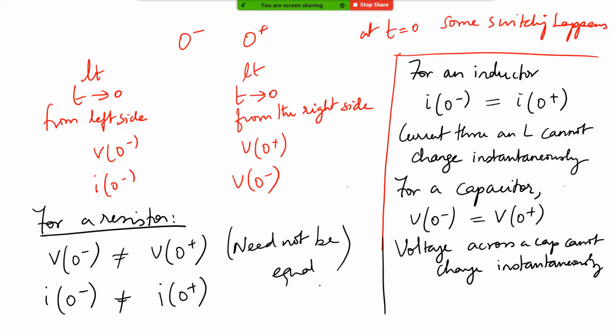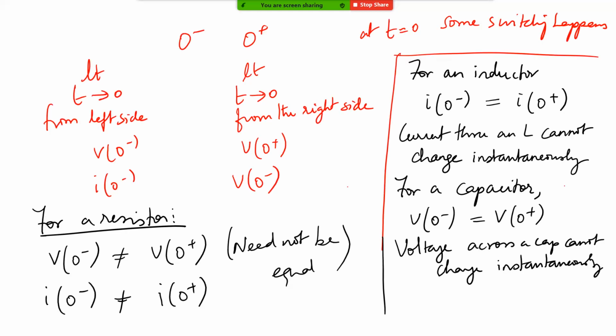In practice, maybe nothing changes instantaneously, but when you are just slicing at 0, when you have a step function, when you just remove the connection, that instant when the switch is opened or closed, this is what we are talking about. All right, so let's solve some problems, then it will make a lot of sense.